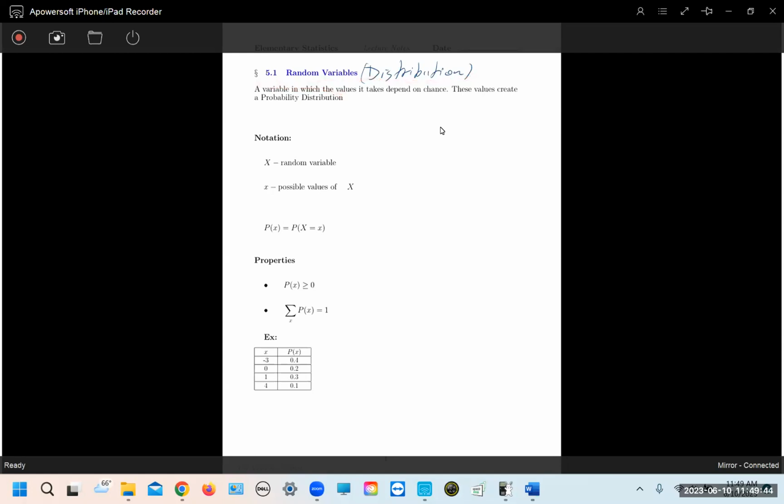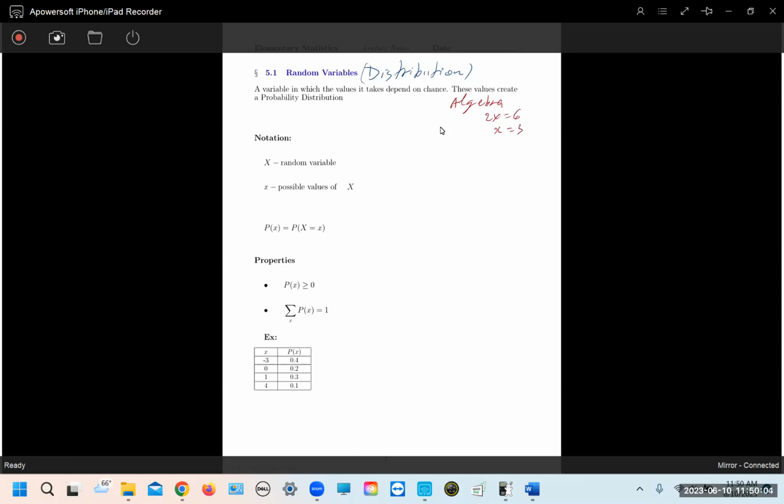So for this, if we look at it like algebra, when we do algebra, for example, 2x equals 6, and we solve for x, so x equals 3.